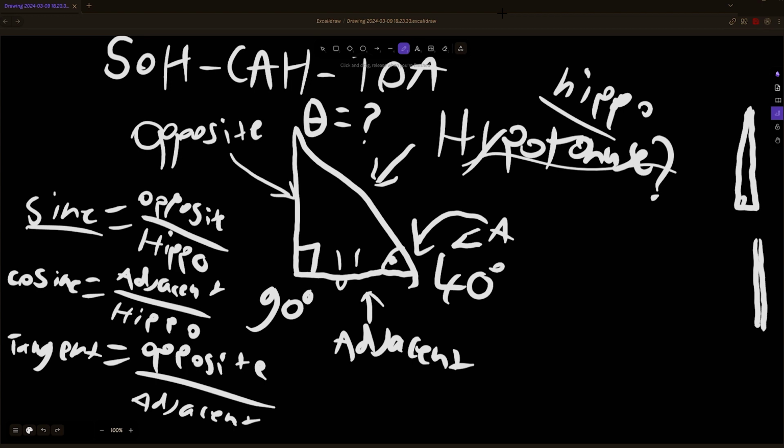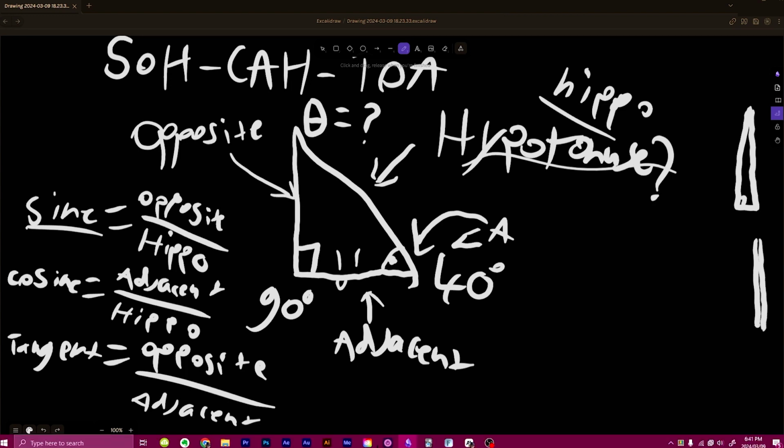So something important to know is that each of these angles, theta and the right angle and angle A, all put together will give you a little thing. So we could write that equation as theta. I need to explain something.